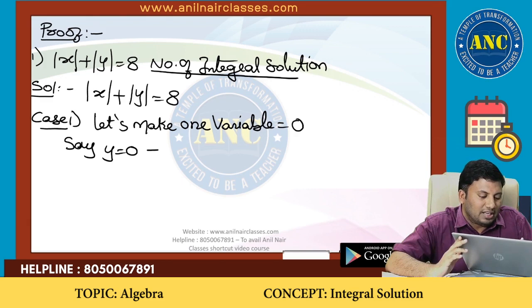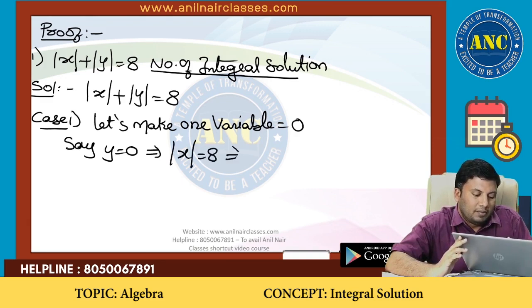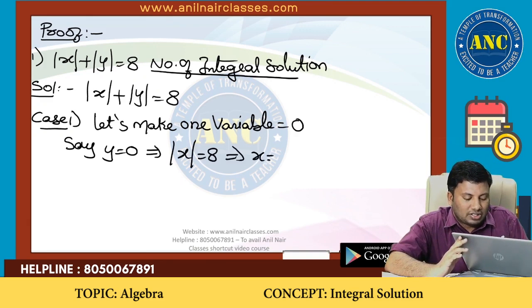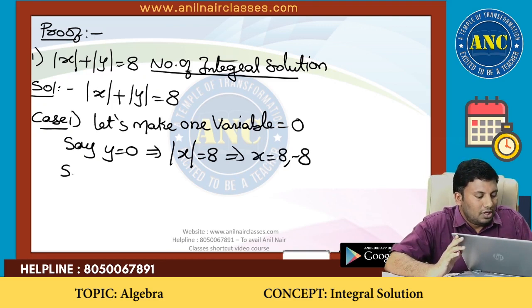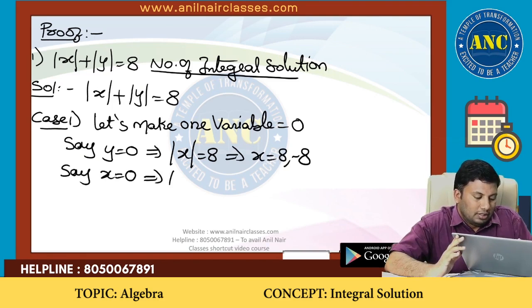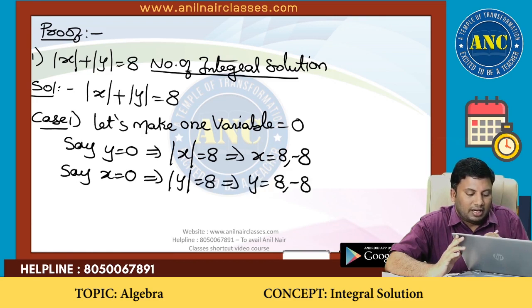If y = 0, |x| = 8. |x| means plus or minus 8, so I will get 8 and minus 8. Say x = 0, I will get |y| = 8, so y is 8 and minus 8.